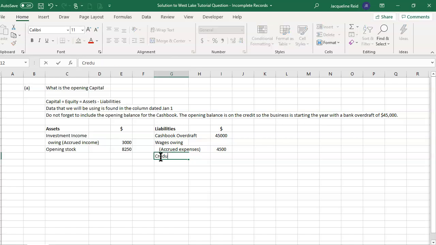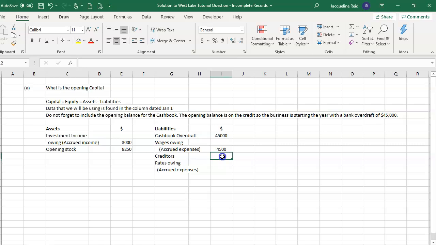We have creditors. We have another expense owing, and they call it rates owing. So this is also another example of accrued expenses. So the creditors figure is $4,100. The rates owing, $3,000.